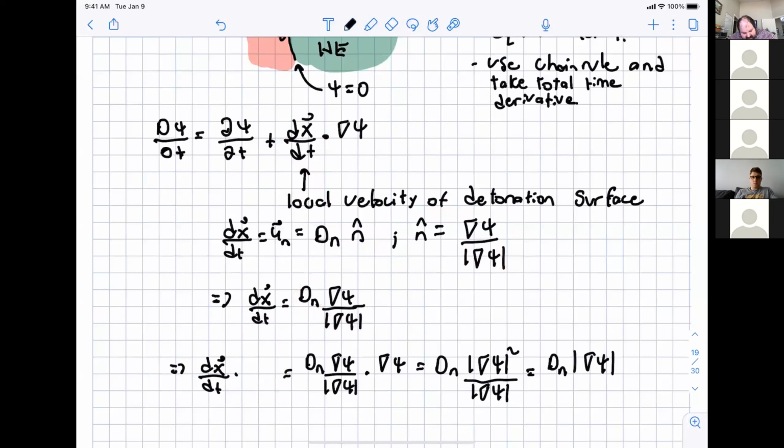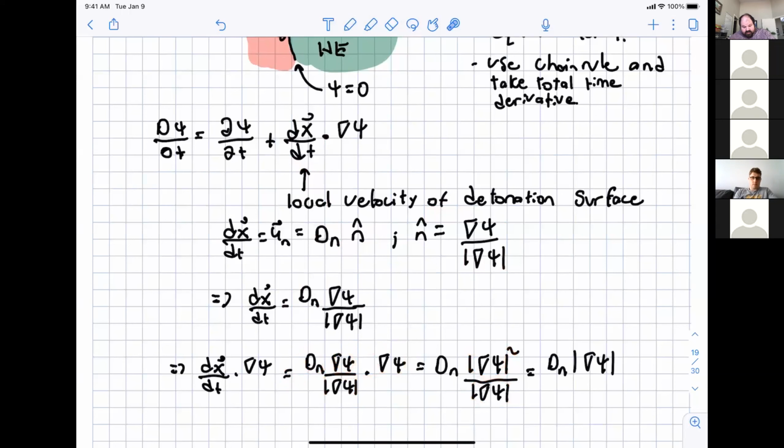Then dx/dt dotted with grad psi is equal to Dn times grad psi dotted with grad psi over the magnitude of grad psi. But grad psi dotted with grad psi is just the magnitude of grad psi squared, so we have a magnitude squared over the magnitude.